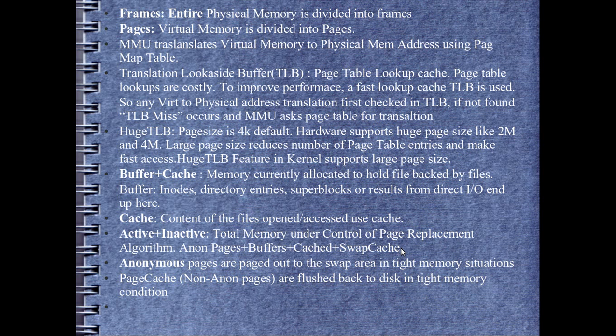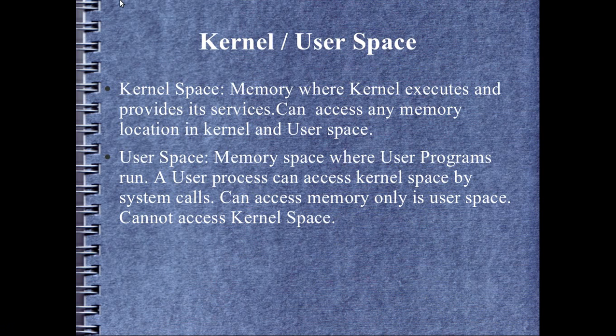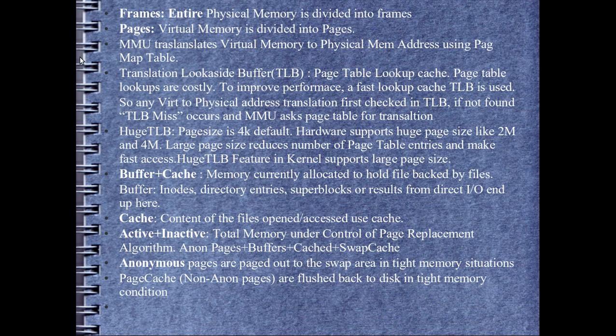So now the swap cache is something which is present in swap as well as in memory. So this is a duplicate entry. In case the page replacement algorithm has to remove the memory, it's not required to be swapped out again. Anonymous pages are paged out to the swap area.